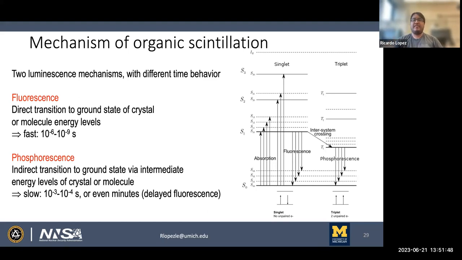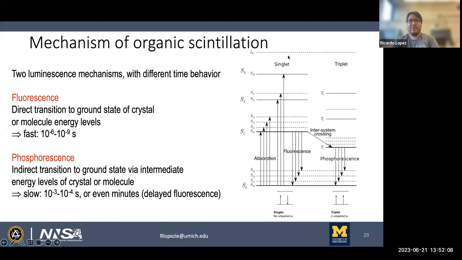You end up with very high density regions of singlet states and triplet states, where these states eventually de-excite via the fluorescence process, which ultimately gives off the photons that we end up collecting.